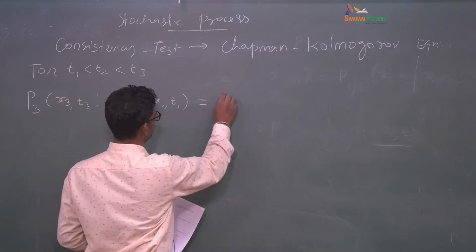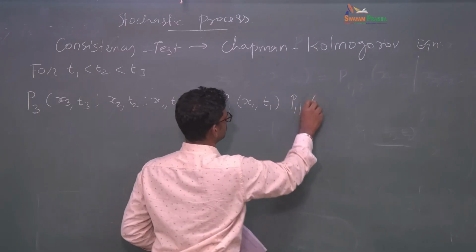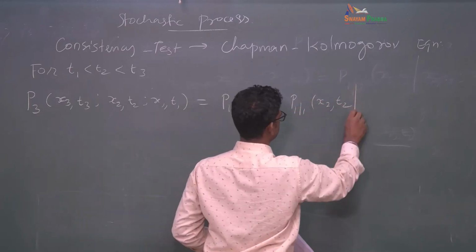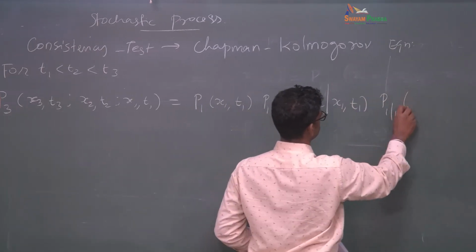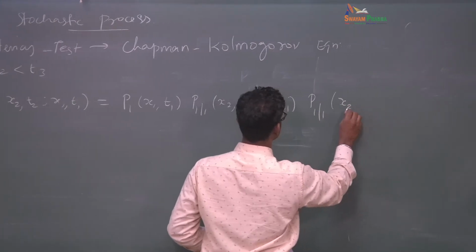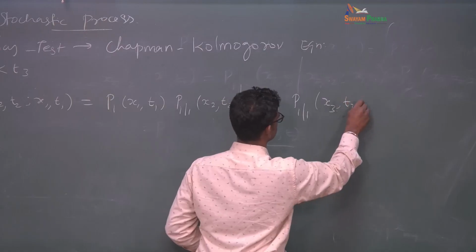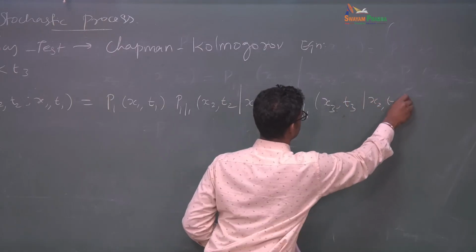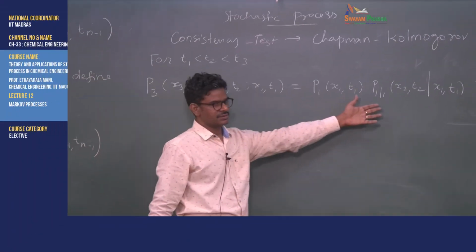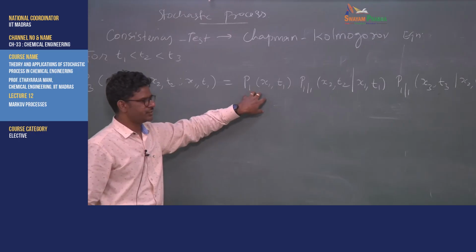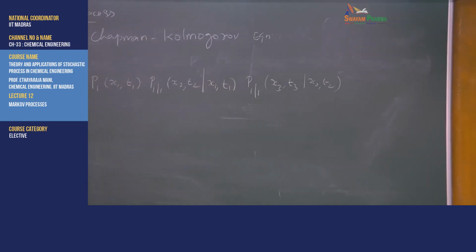This is something we wrote before as this. So the 3-point distribution based on the transition probability: we wrote the single point distribution times the transition from x1 to x2 times from x2 to x3. Okay, this we wrote before.